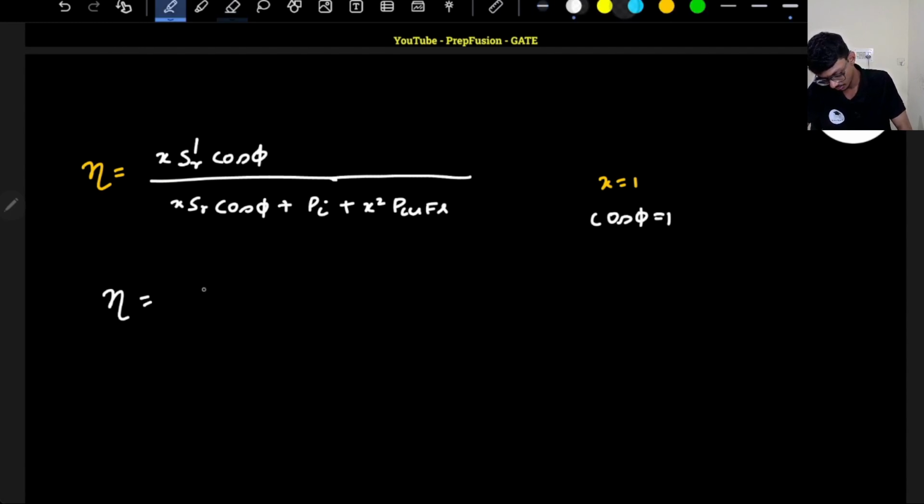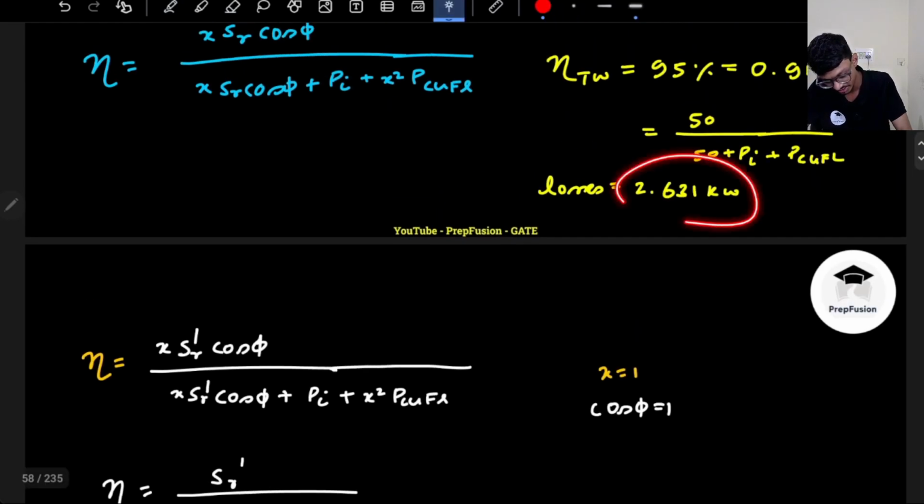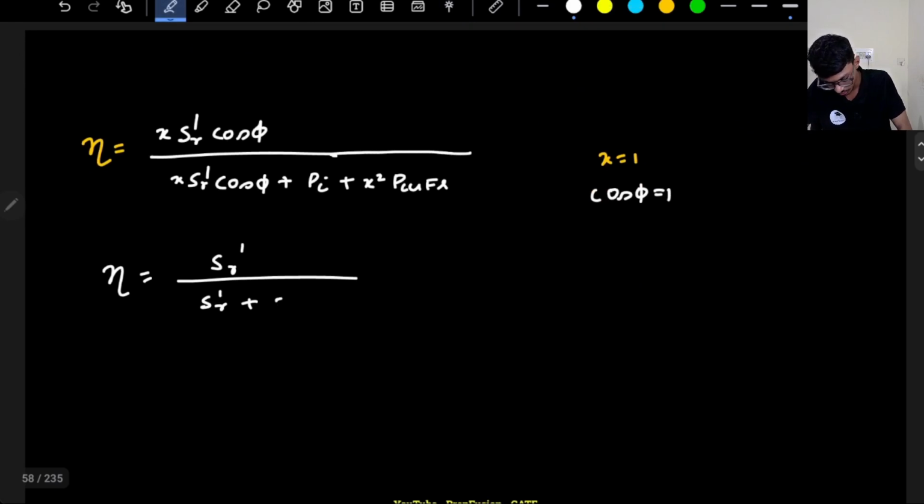SR dash divided by SR dash plus Pi plus PCUFL, which is given here, right? Pi plus PCUFL is 2.631 kilowatt. What is SR dash?